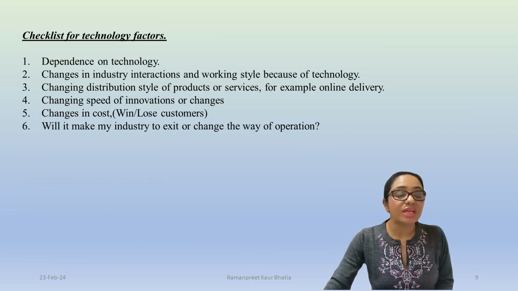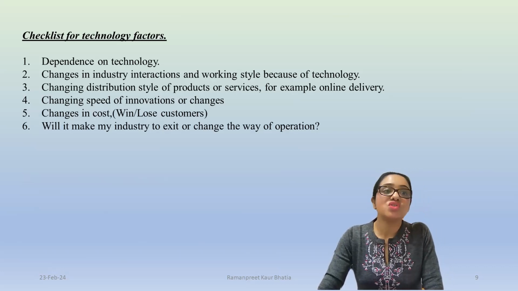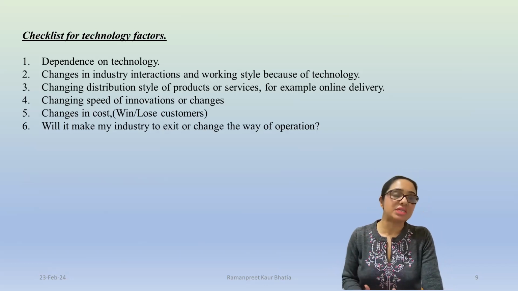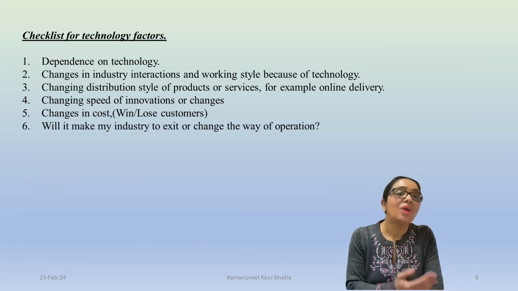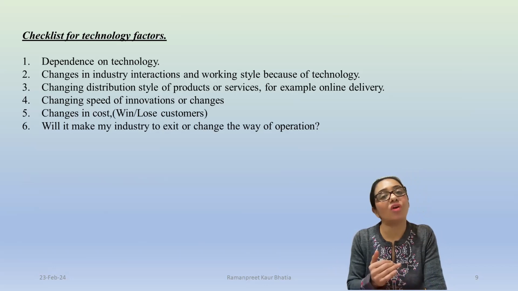So what is the checklist for technology factors? Dependence on technology, changes in industry interaction, working style because of technology, changing distribution style of products or services, changing speed of innovation or changes in cost. Will it make my industry exit or change the way of operation?